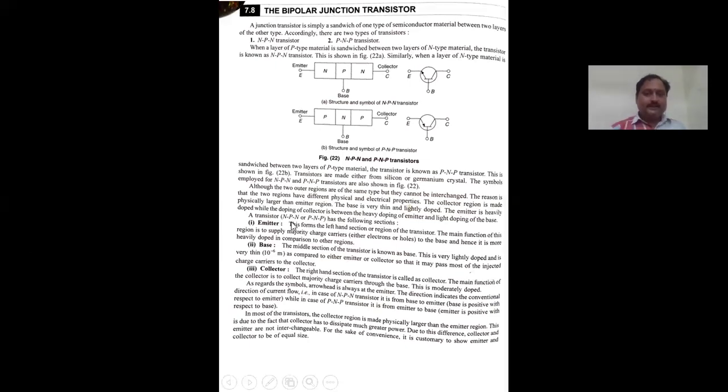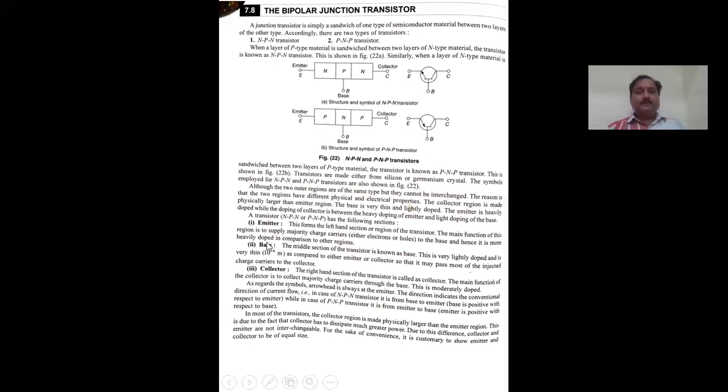In this, the emitter forms the left hand section of a transistor. It is more heavily doped in comparison to the other two regions. Why?